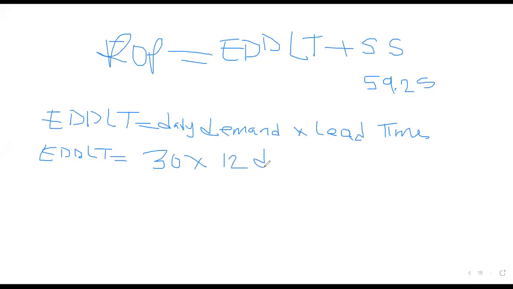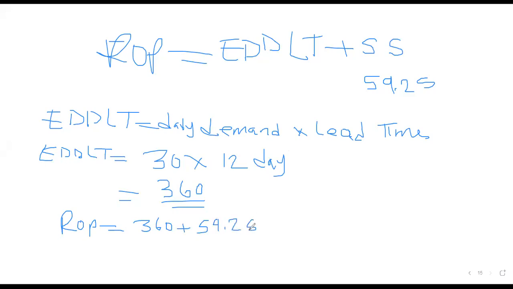So 12 days, meaning we multiply the 30 by 12, giving us 360, okay? Then our order point will equal the expected demand, which is 360, plus the 59.25.